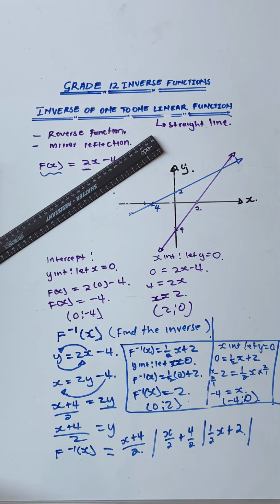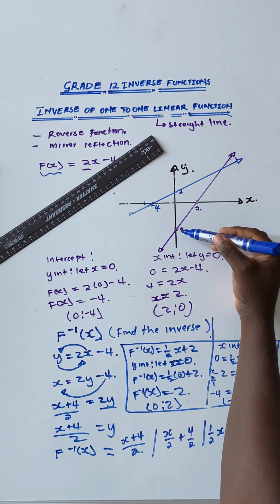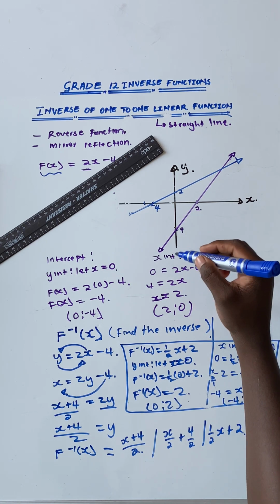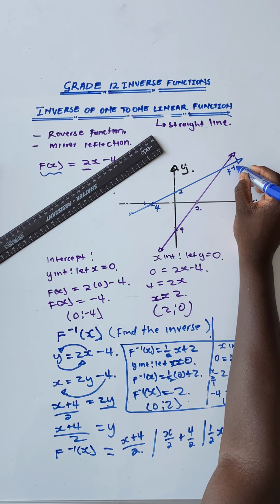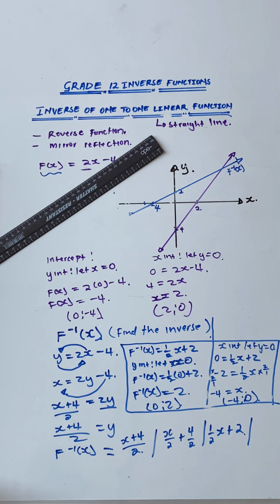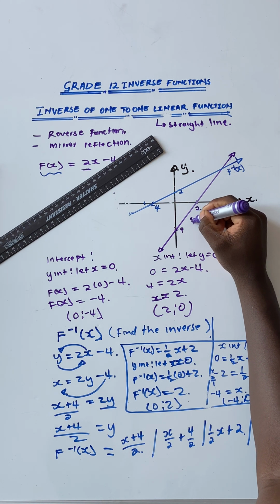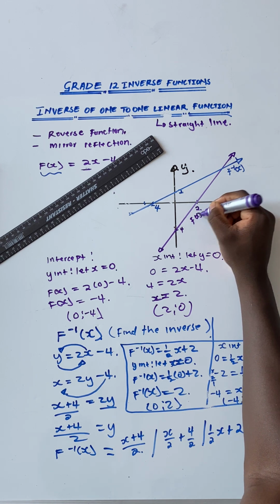But before I get there, I want you to notice something here. Look for the y-intercept of the original graph. So this, the purple one, is f inverse of x. Then for the original one here, it's f of x.